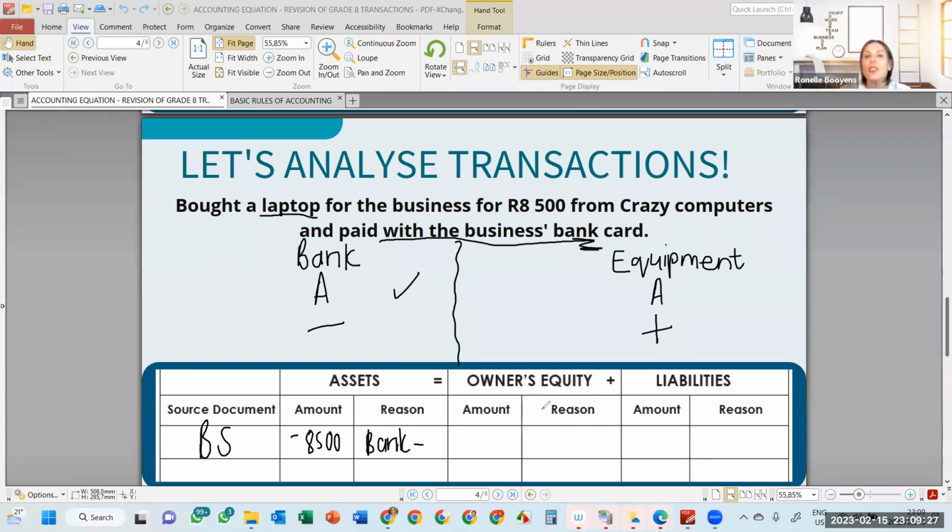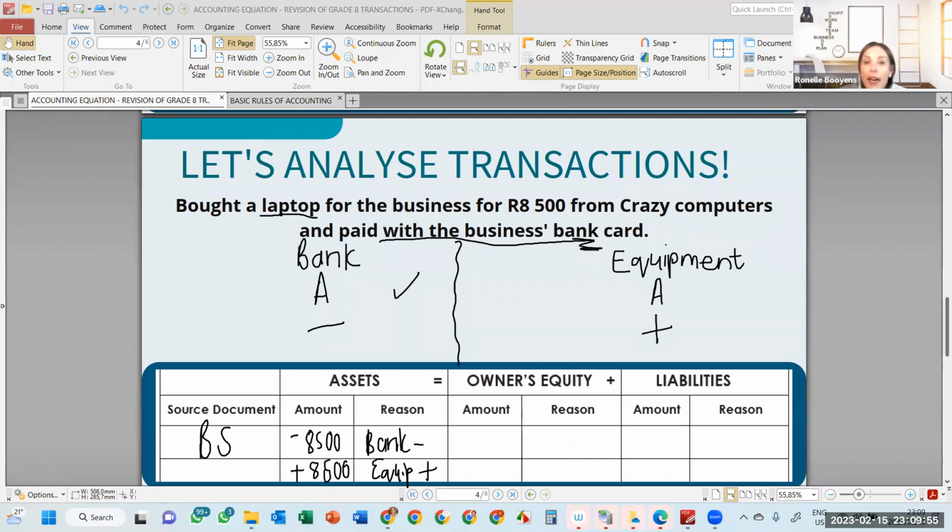Owner's equity was not affected by this transaction at all. This is another asset account. So I have to go back to assets. What happened to this asset account in the business? The equipment asset in our business increased with 8,500 Rand. Reason: equipment increased.